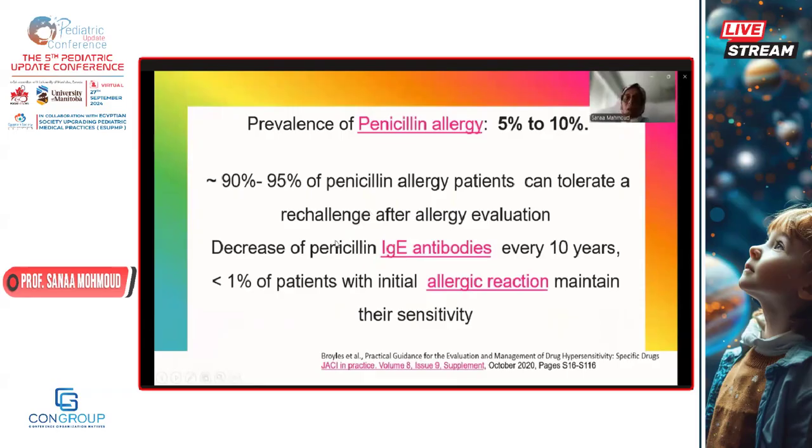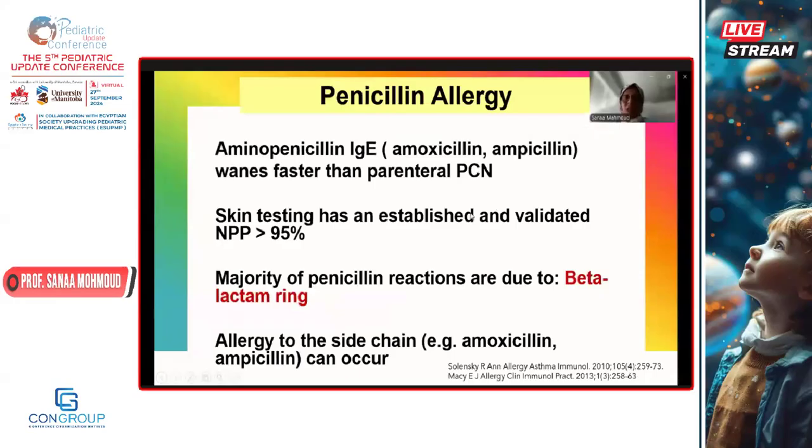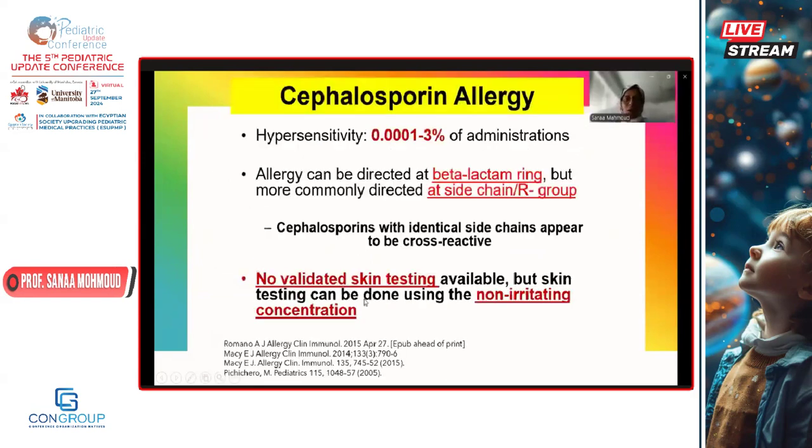The more you wait, like every 10 years, the penicillin IgE wanes, and actually less than 10% will keep the allergenicity. Ampicillin and amoxicillin are actually the best to outgrow. A skin test, when we do it, is not 100%, meaning if it is negative, there are still 5% of patients who can react. The majority of penicillin reactions are due to the beta-lactam, and it can also occur to the side chain.